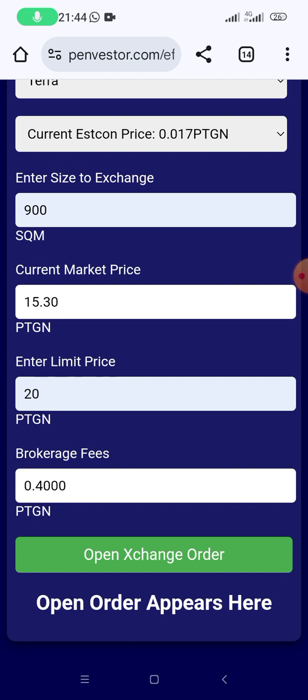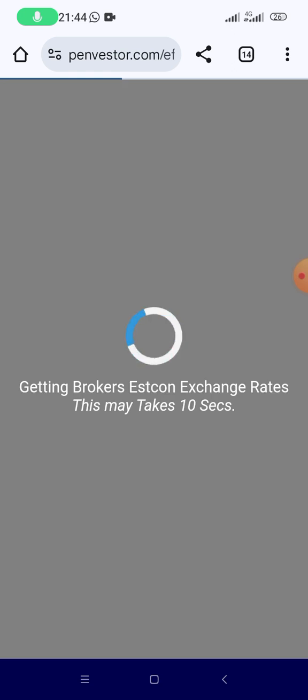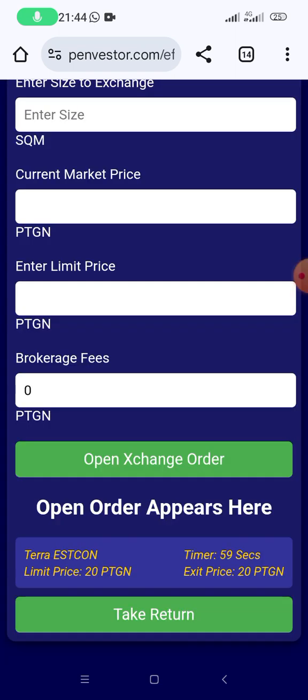So I will open this exchange order now. I think I have set up everything. Alright, so getting brokers Estcon exchange rate. So you will see what I'm talking about: high bid rate and low bid rate. You see, most times I show you this.